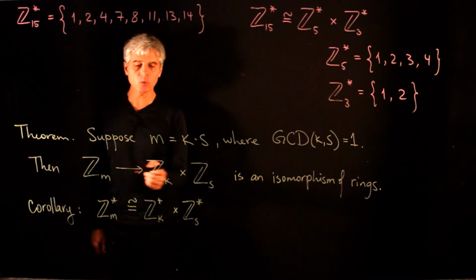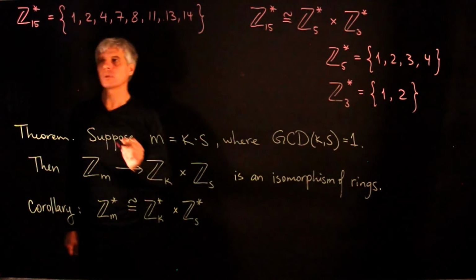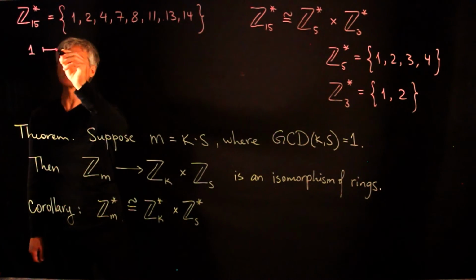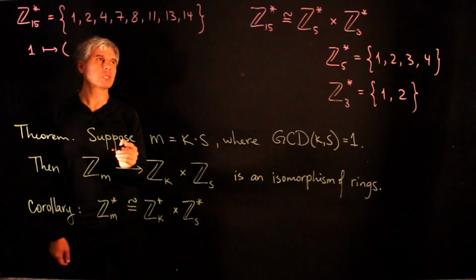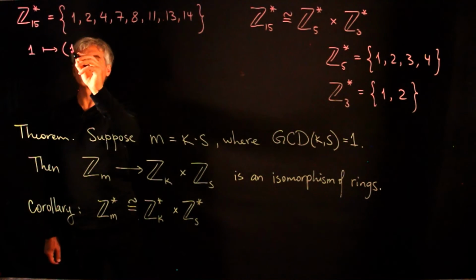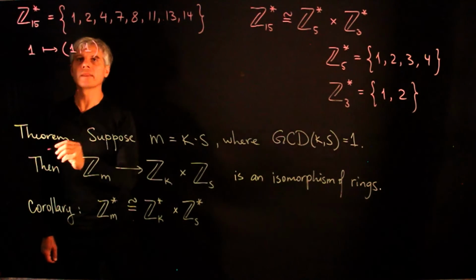Now let us look at this map. Here, 1 is mapped to, we reduce 1 mod 5 and mod 3. In both cases we get 1, 1.